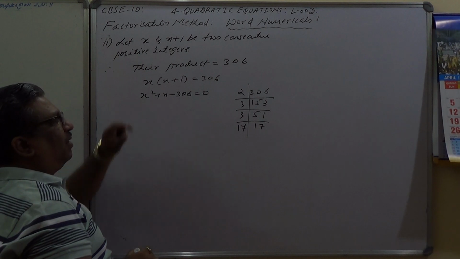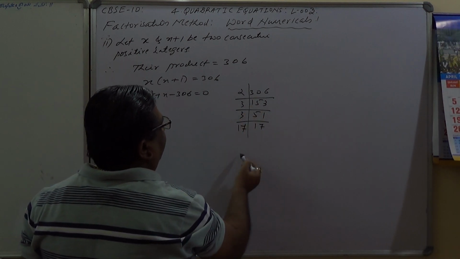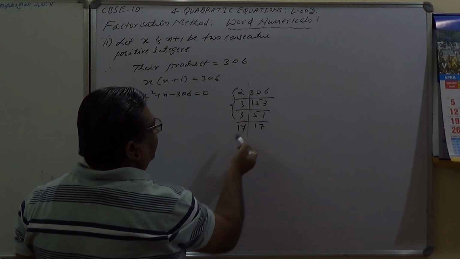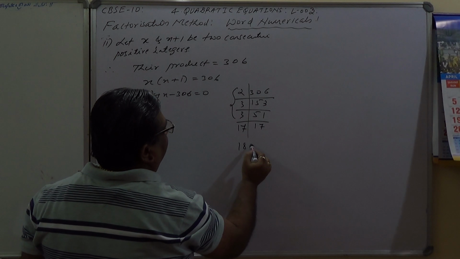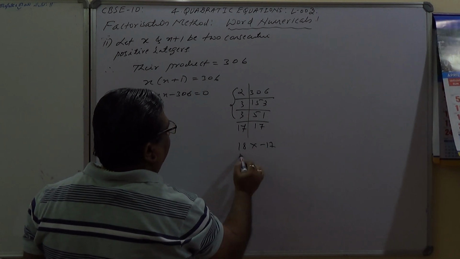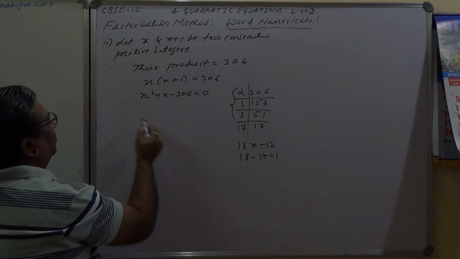What we want is 1 over here. So this is 18 into 17. This will become 18 and this is 17. So plus 1 is required, which is 18 into minus 17. So 18 minus 17 equals plus 1. I can use this one.